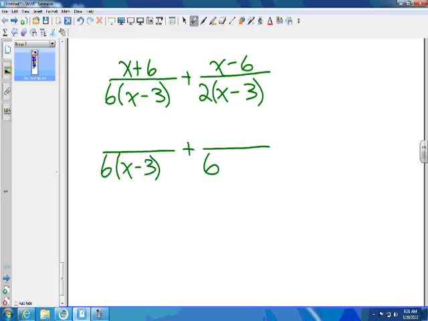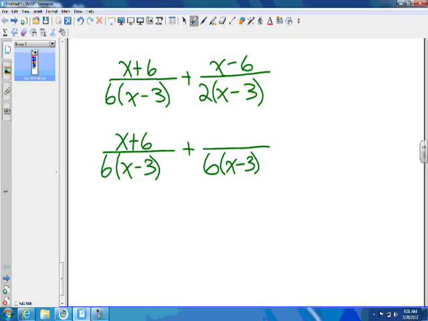X minus 3, and that accounts for both of them. So that is your common denominator. Mariana, what's missing? So do we multiply by anything? Very good. So we have x plus 6.